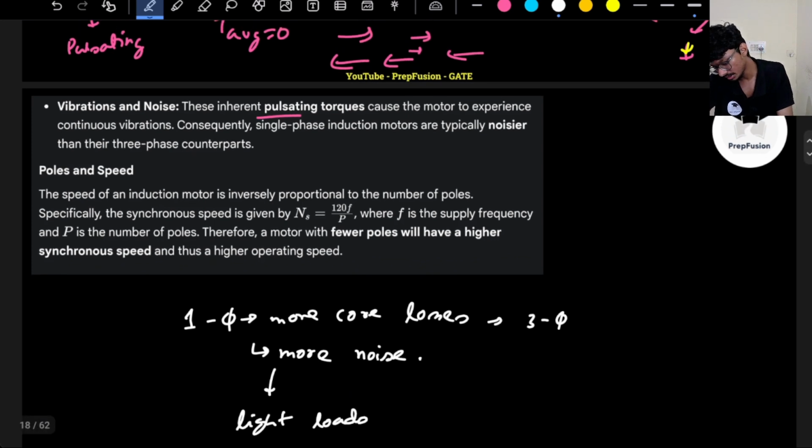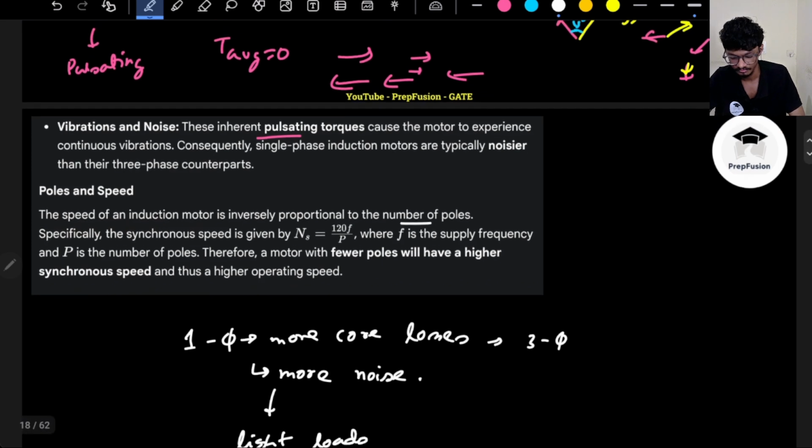One more thing about poles and speed. The speed of an induction motor is inversely proportional to the number of poles, and this is a single phase induction motor. Therefore a motor with fewer poles will have higher speed, and a motor with more poles will have lower speed.